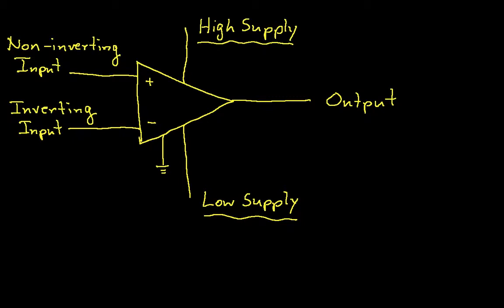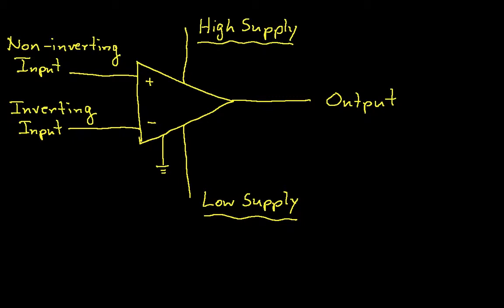And so they form limits on the magnitude of your output. Depending on the type of op-amp, your output may not be able to get closer than about 1 volt to either supply. There are devices called rail-to-rail op-amps where the output can get to within a tenth or even less of a volt of the supplies. So those are the supplies.